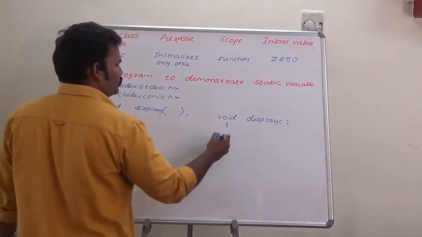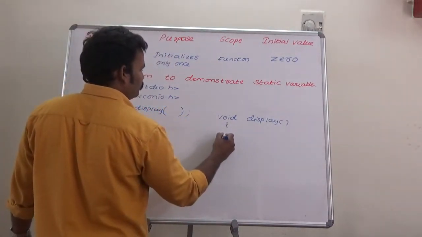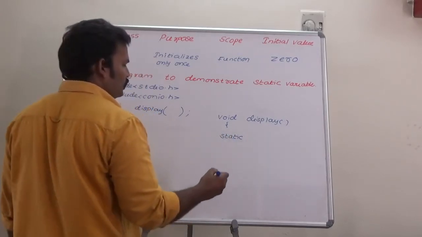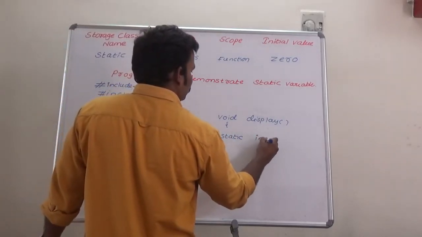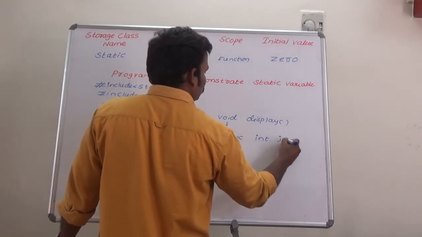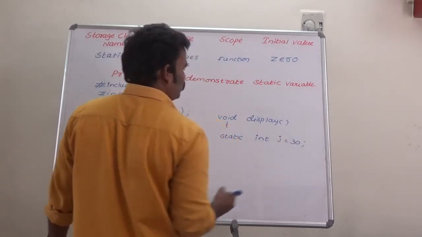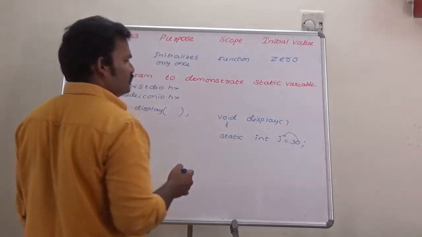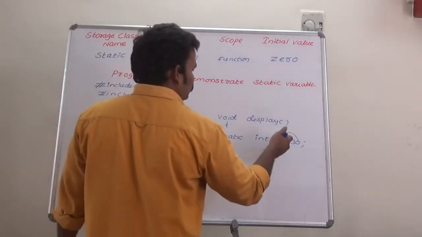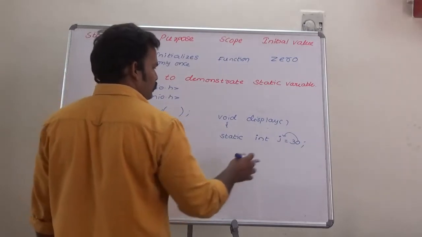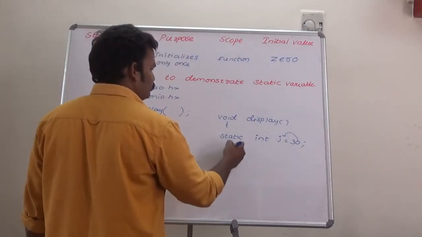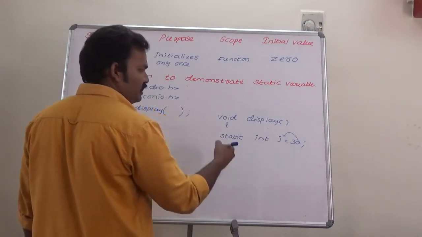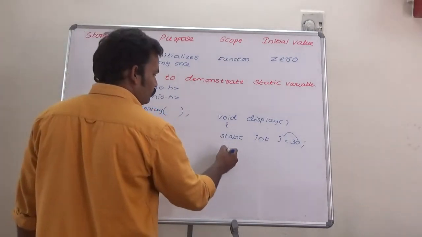In the function definition, I am declaring one static variable, static int j is equal to 30. So 30 is assigned to the j variable. Next, I want to increase the j variable by 1.